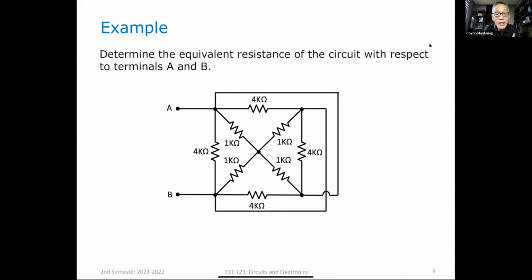Does anyone see any elements in series or parallel? Can anyone identify any elements in series or parallel? Anyone?